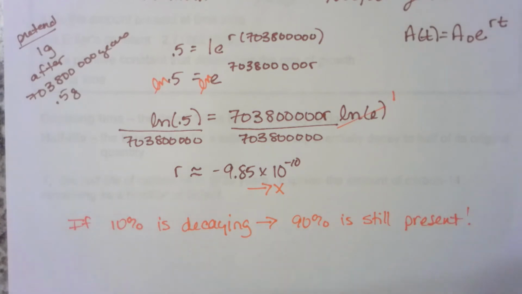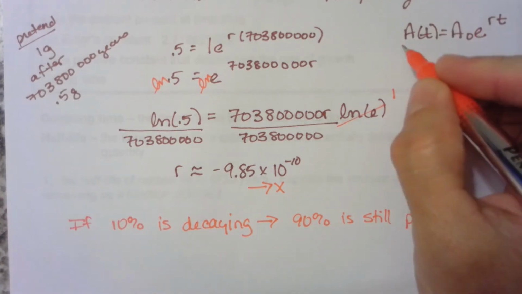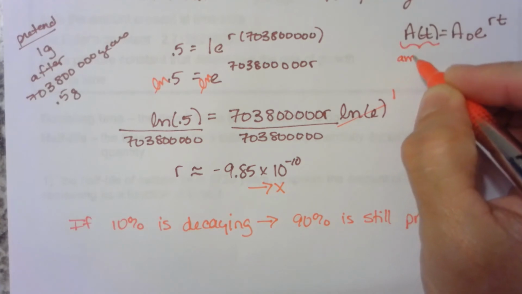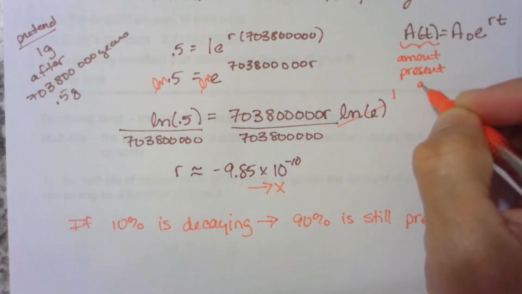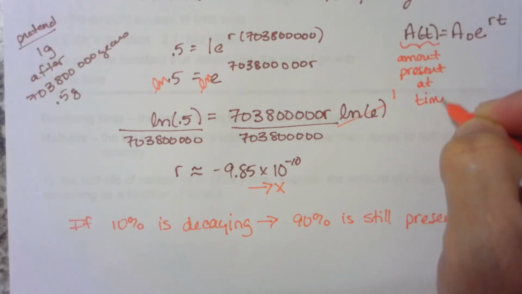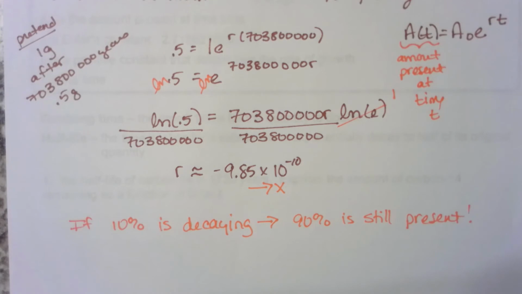That is a very important thing to know, because this is the amount present at time t. Okay, so we need to know the amount present. So if 10% is going to decay, 90% is still there. So 90% of 1,000 is going to be 900 grams.